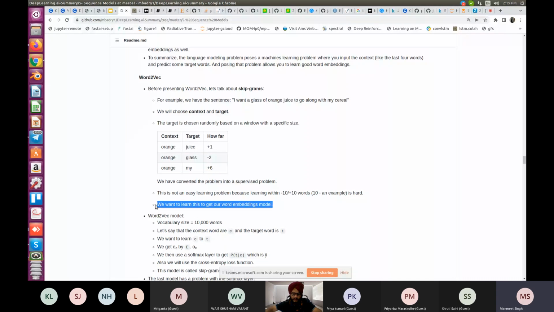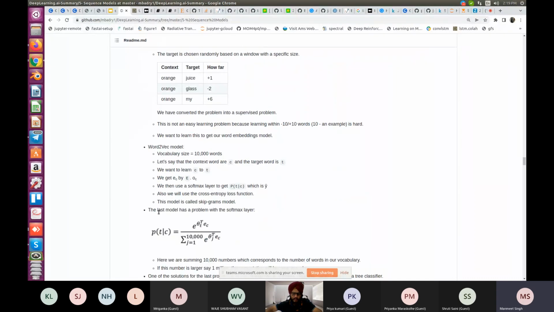So now we will talk about the word2vec model. For example, consider that your vocabulary has a size of 10,000 words, and let's say your context word is C. These are your context words, and your target word is T. You are feeding the context word into the neural network, and you are getting the target.